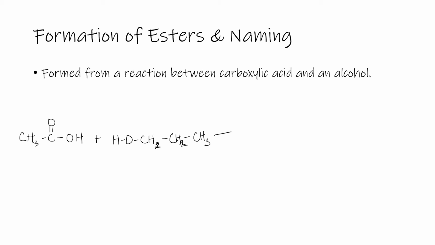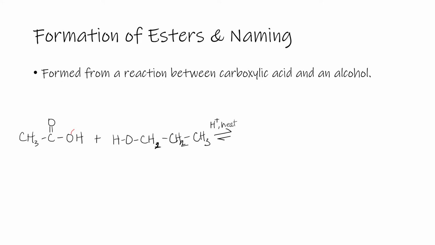Okay, and in our reaction, this will undergo the reaction in an acidic environment where you have heat added. So you'd add an acid to this, you'd heat it up, and you can get this reaction to take place. Now in this reaction, our reaction takes place between the functional groups.